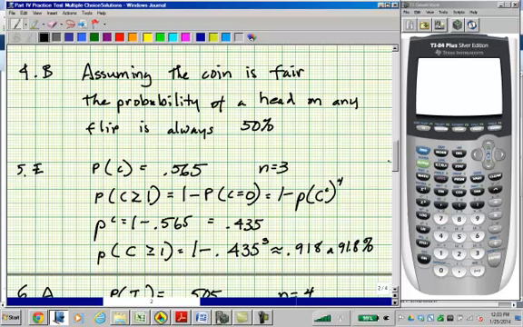So the probability that the number of computers out of 3 is greater than or equal to 1 is going to equal 1 minus the probability that none of them are. Now the complement, in other words, the probability that there's not a computer in the home, is 1 minus 0.565, which is 0.435.